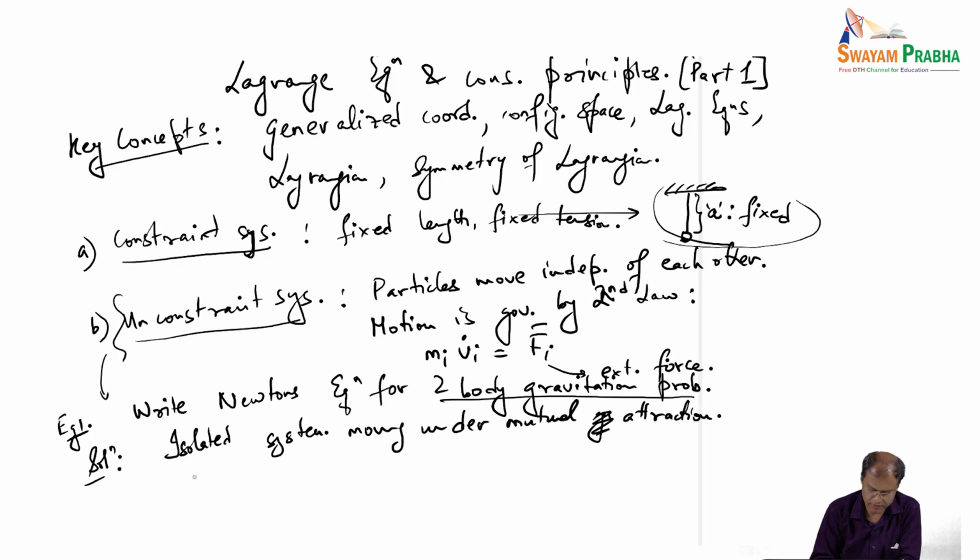So we have m_i v_i dot equal to G m1 m2 (r2 minus r1) divided by mod of (r2 minus r1) cubed. I am writing Newton's second law for both particles. So this is m1 v1 dot, and this is my law of gravitation.